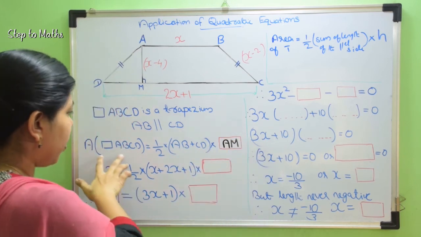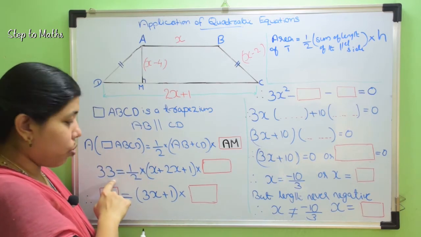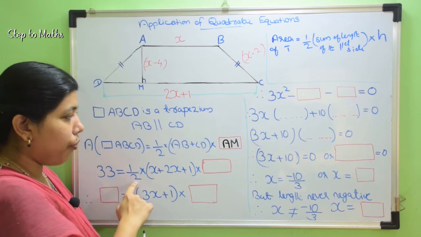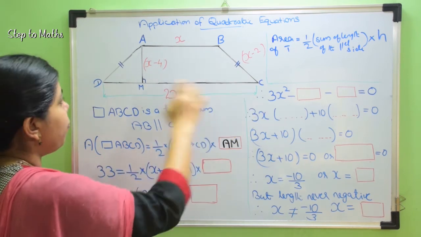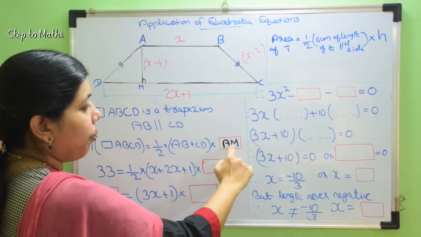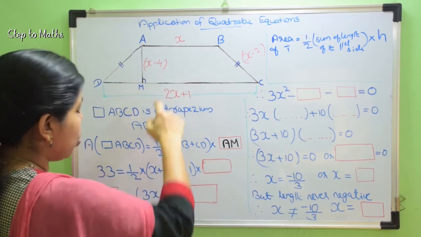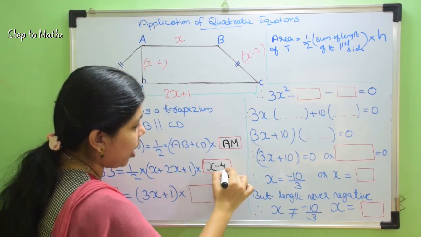Next step, area. Area is given in the question, 33 centimeter square. That is equal to half into length of AB is x and length of CD is 2x plus 1 into AM. Length of AM is x minus 4.